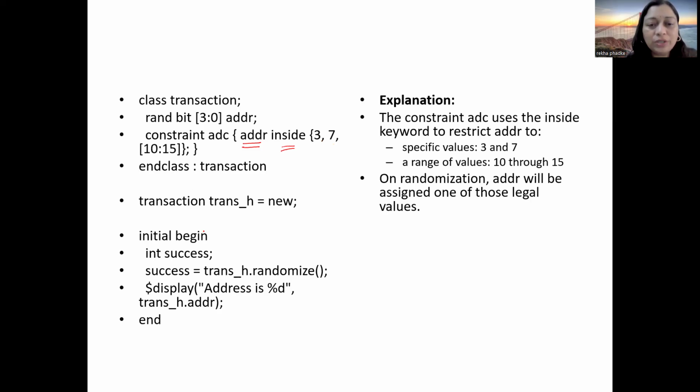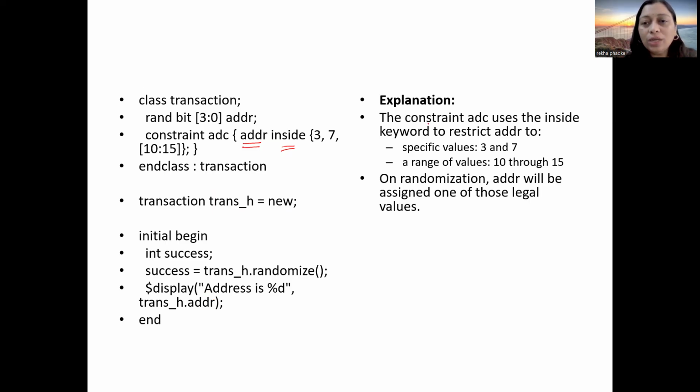So what happens here? When I have an object now for this class, which is trans_h, I use equal to new to initialize all the data. Then we call the randomize function, trans_h.randomize. Then I'll display the randomized value.